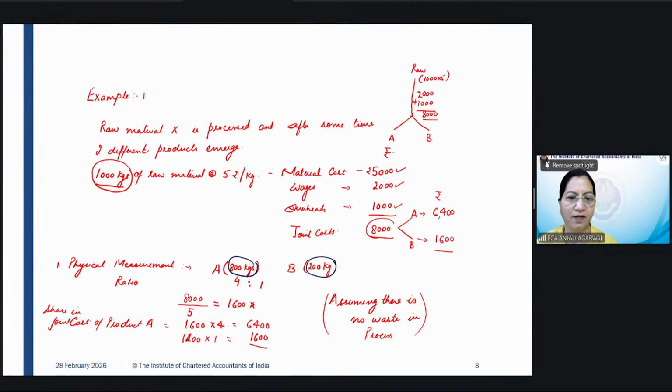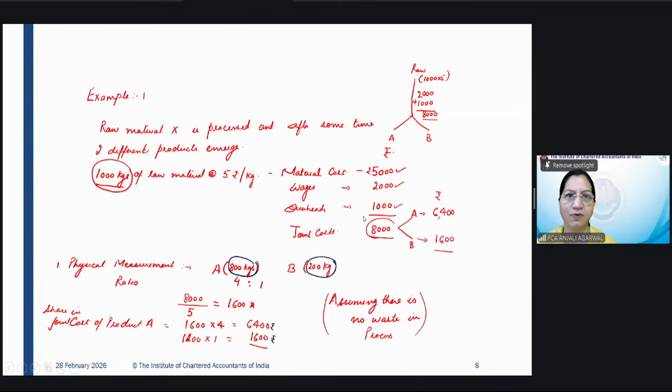So if 8,000 rupees joint cost is to be allocated, the share in joint cost for product A would be 6,400 rupees, and the share of joint cost for product B would be 1,600 rupees. The joint cost would be allocated amongst product A and B as 6,400 and 1,600.